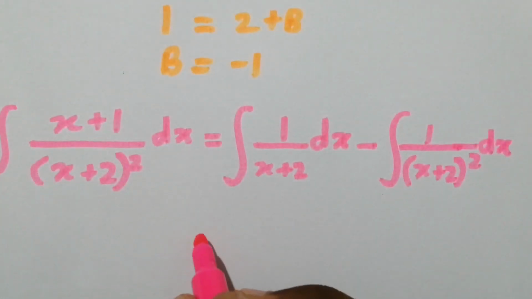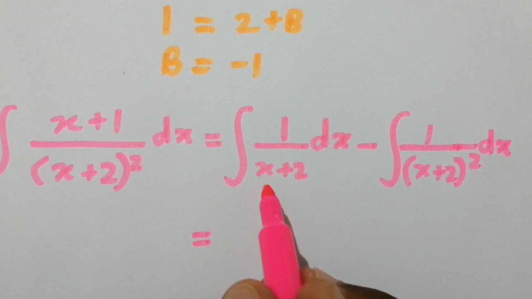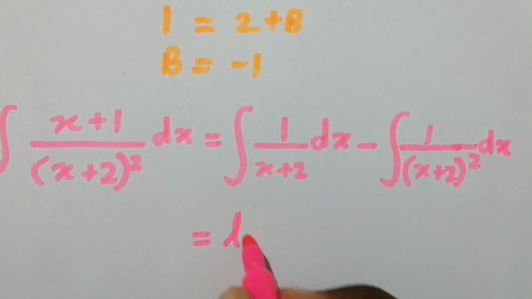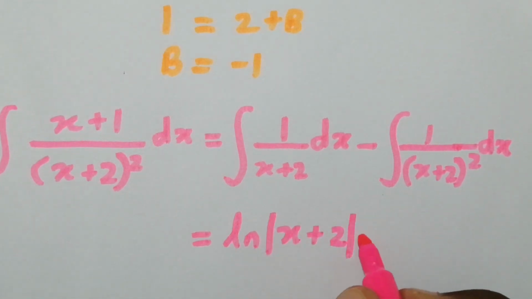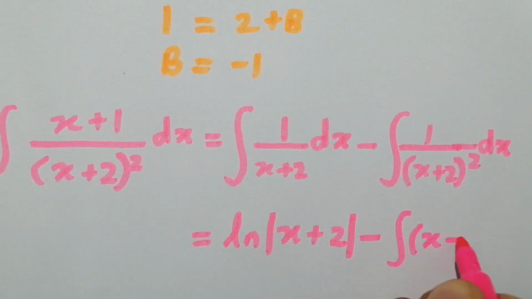Then here directly we can write the integral. Here the derivative of the denominator is 1, it is at the numerator, then I can write ln |x plus 2| minus, here I can write this as integral of (x plus 2) whole to the power minus 2 dx.